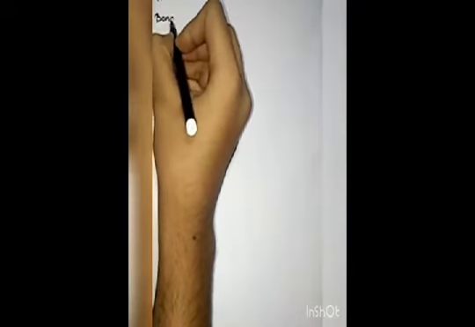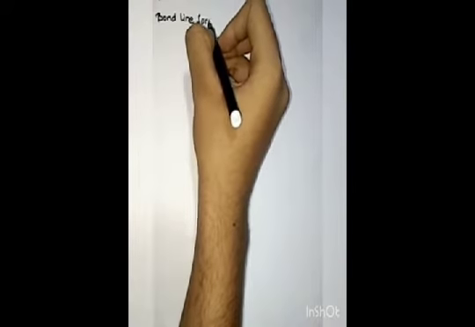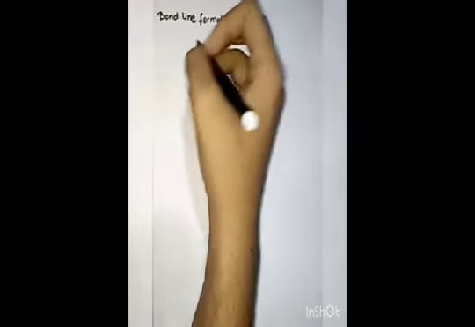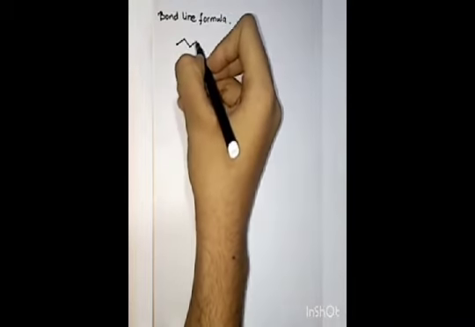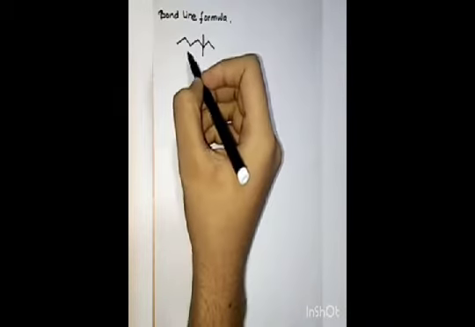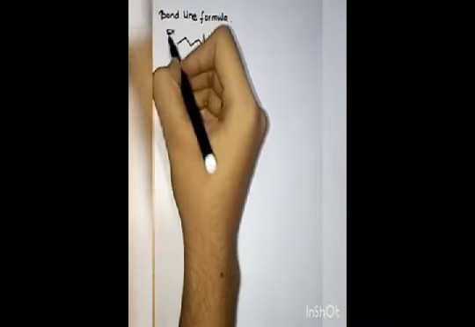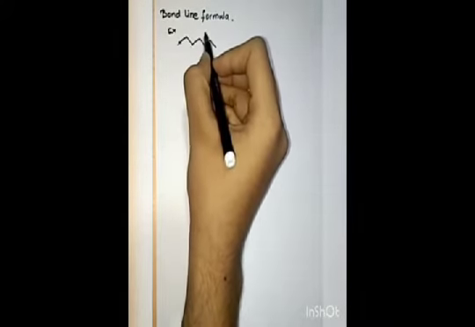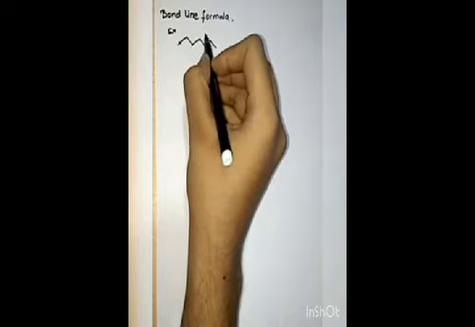Now the next thing which people often get confused about is the bond line formula. You have to always remember that in a bond line formula, which can be represented like this, for example, every corner, every nook and the end points represent a carbon.